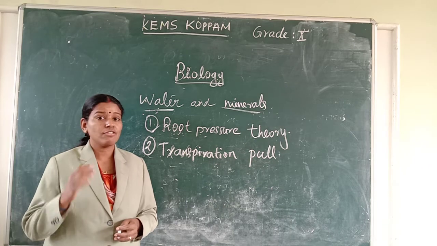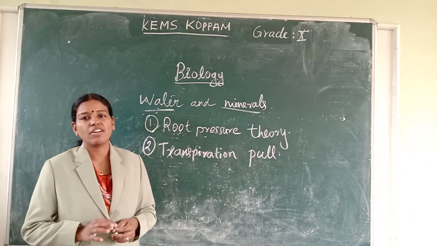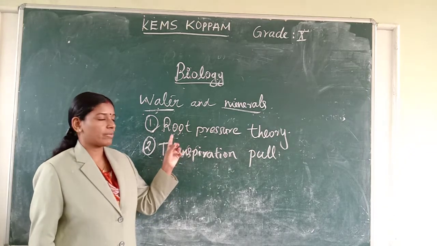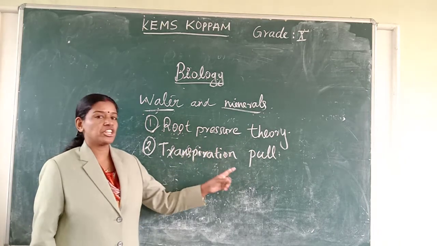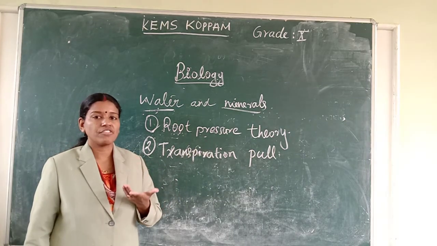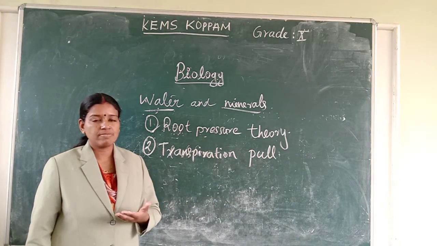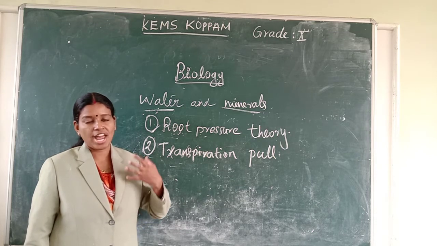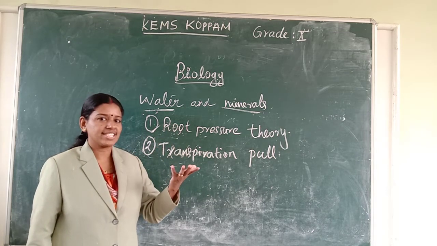Transportation of what? Water and dissolved minerals. I told you root pressure theory and transpiration pull, and this is the same as the ascent of sap. Xylem sap is the water in which minerals are dissolved, which is transported to all parts, called the ascent of sap.